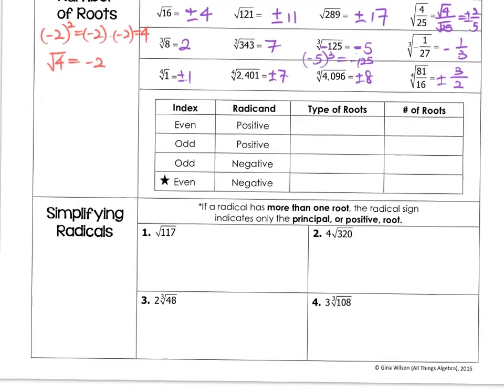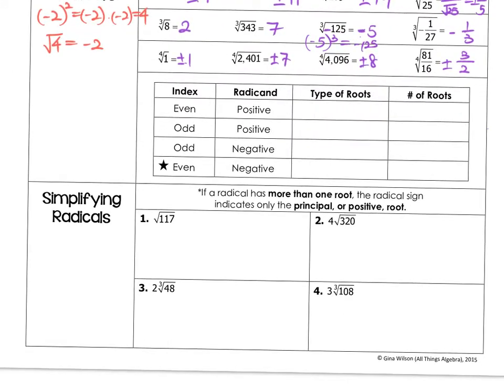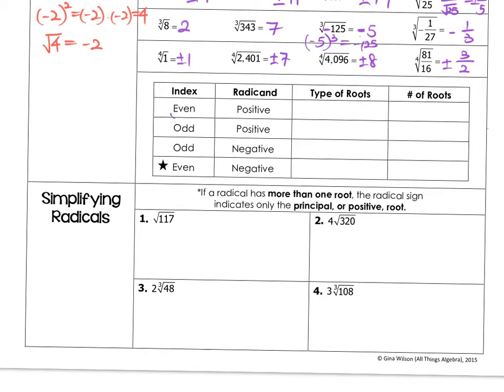Okay, so here is a summary. If I have an even index and it's positive inside, the type of roots, meaning it's a real number, any kind of real number you've learned, and the number of roots is 2, positive and negative. If it's odd, like 3, or a cube root, for example, and it's positive, then it's still a real number, and I only have 1 positive.